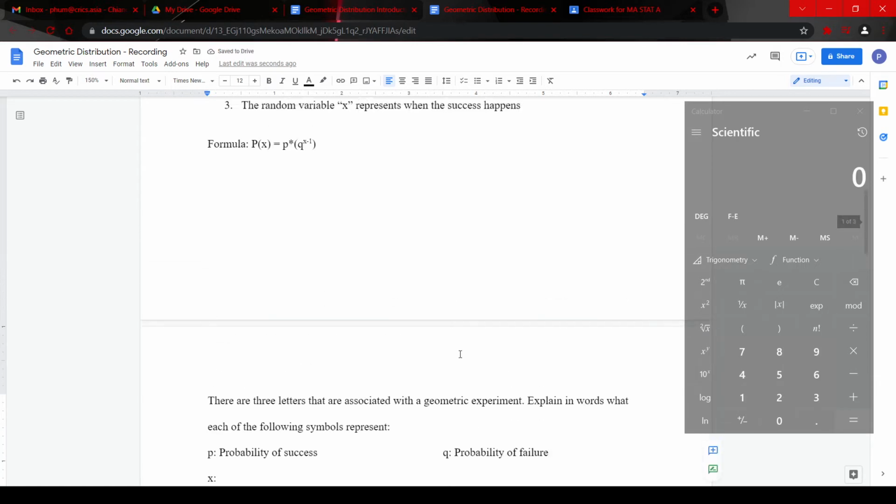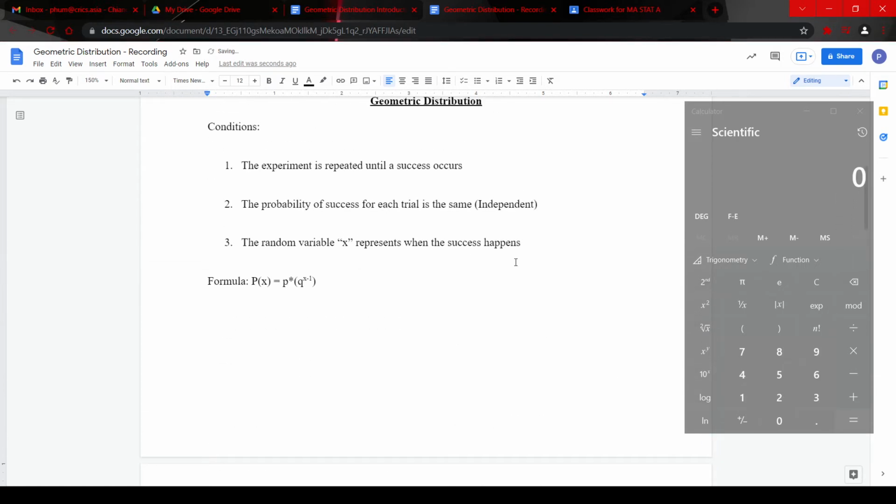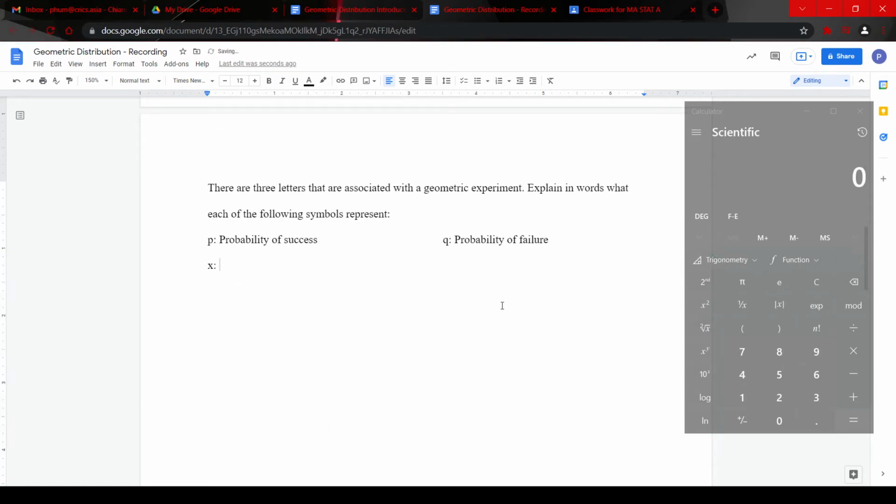And x, as we stated above, represents when the success happens. So there are only three variables involved. P and Q are usually given either in percentage form or in decimal form. Sometimes if it's dice or cards or coins or marbles, you would have to calculate the probability by yourself.